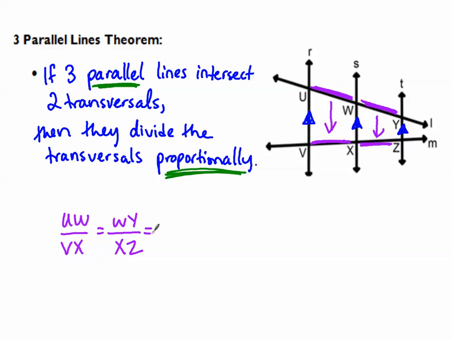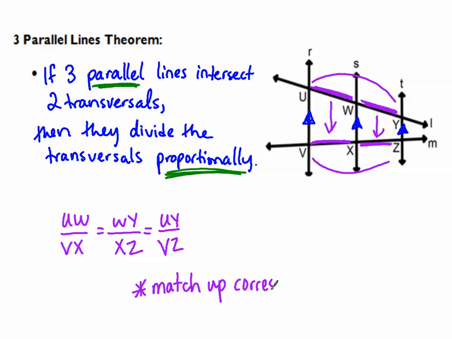Well, that can also equal the whole length on the top and the whole length on the bottom. Again, going in the same direction, UY over VZ, as long as we are going top to bottom because we started top to bottom. Find an organized way. Match up corresponding parts. That's the biggest thing.